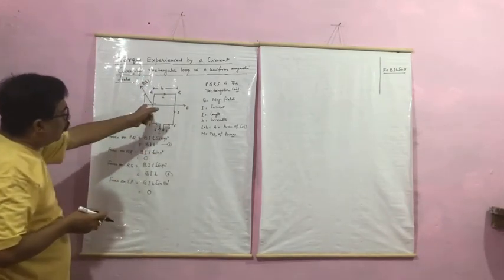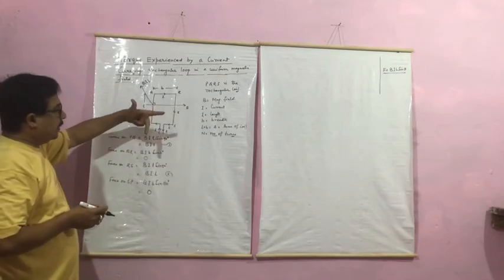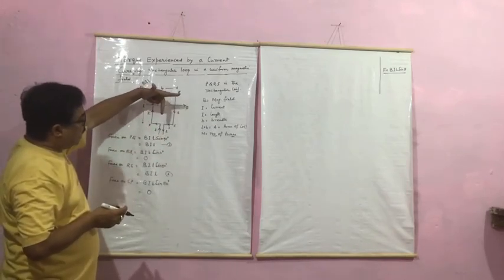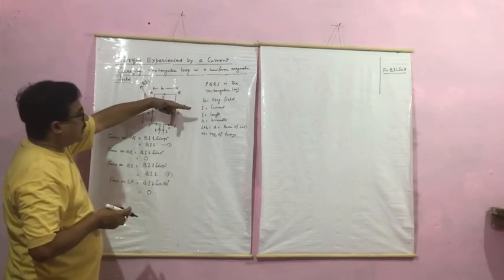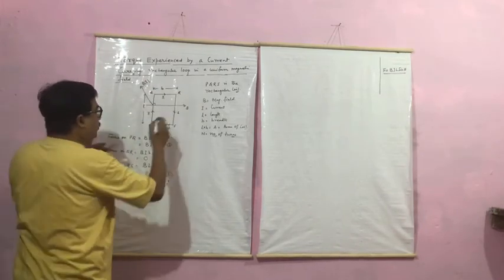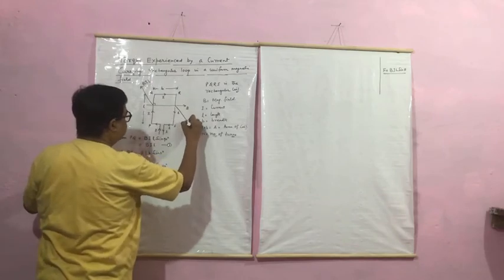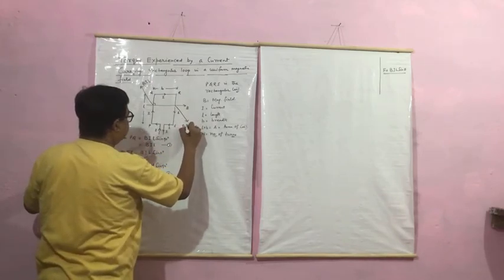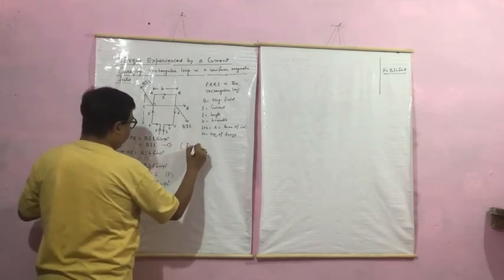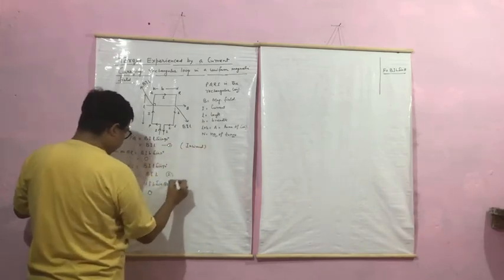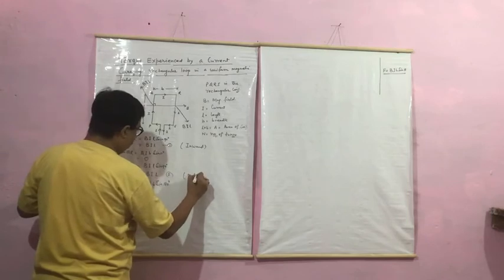And similarly if you go for RS, again the forefinger towards the magnetic field, the central finger towards the current, then the thumb is outward, so the force is outward. So first it is inward and second it is outward.